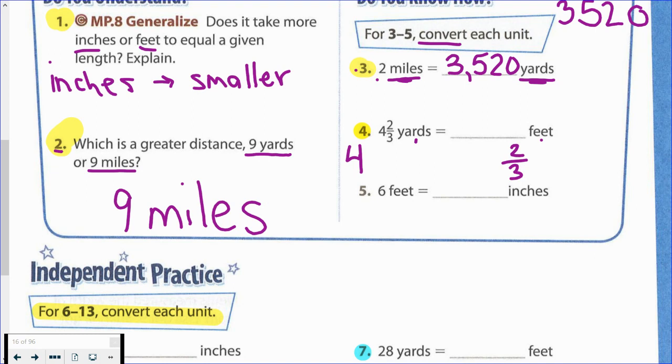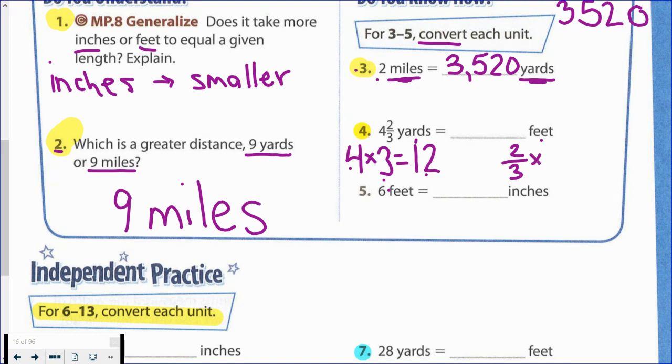Okay, so 4 yards, there's 3 feet in each yard. So 4 times 3, that's 12. That gives us 12 feet so far. Now, think about this, guys. You have a fraction here. There's 2 ways that you can think about this.